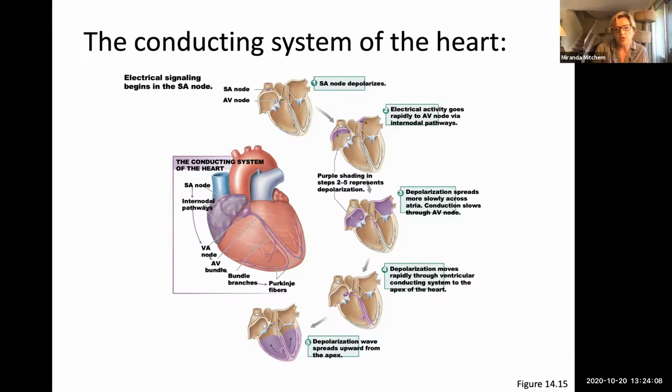So our depolarization wave spreads from the apex of the ventricles up towards the base.